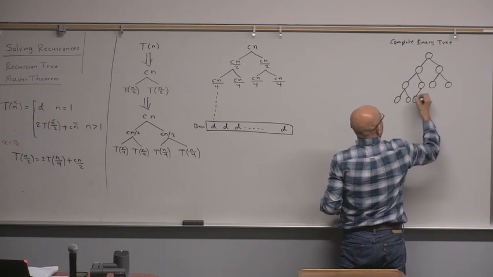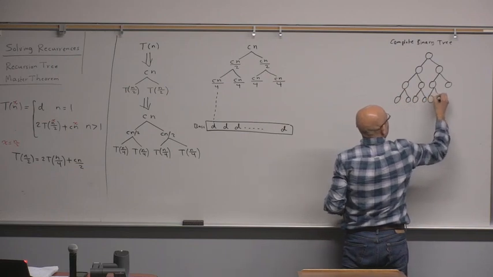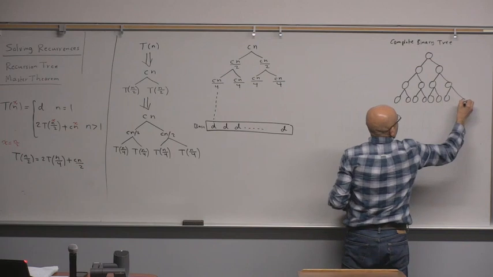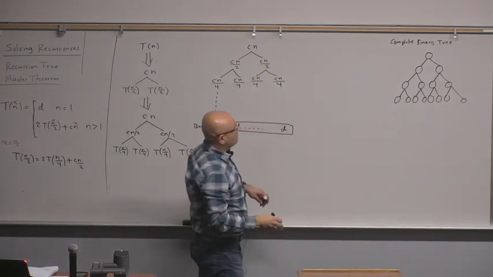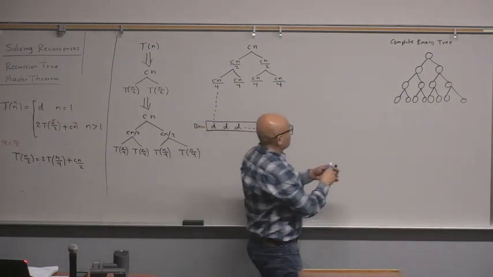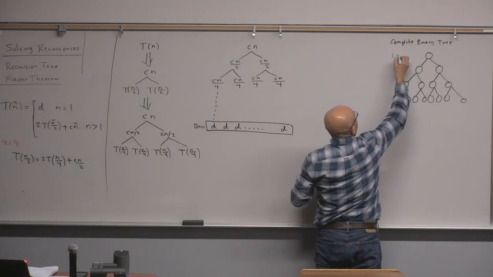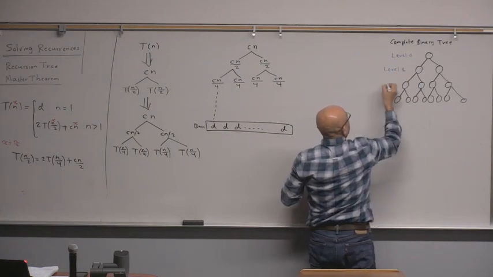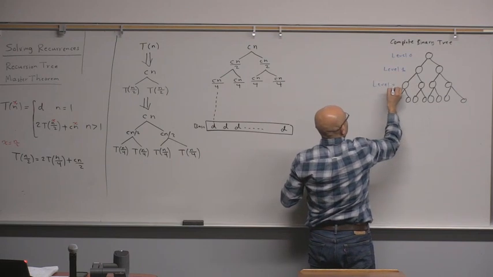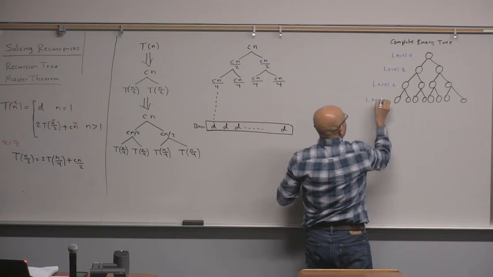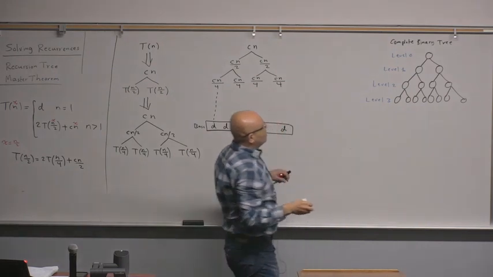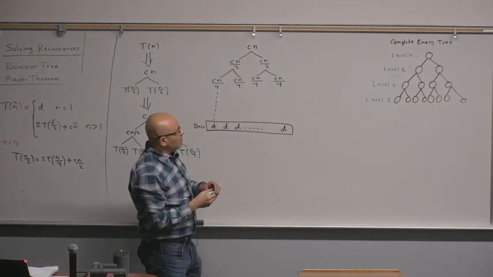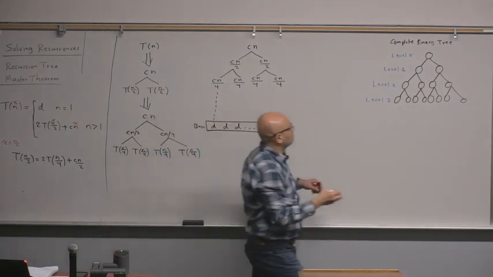This is a complete binary tree of height, so this is level 0, level 1, level 2, level 3. So this is a complete binary tree of height 3.